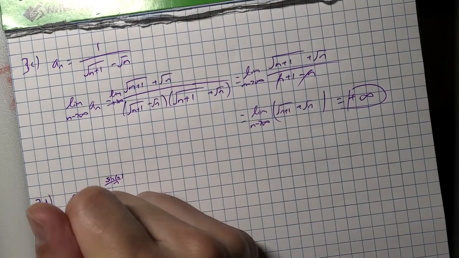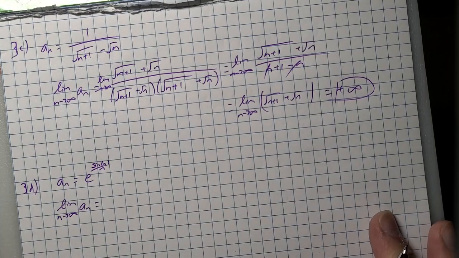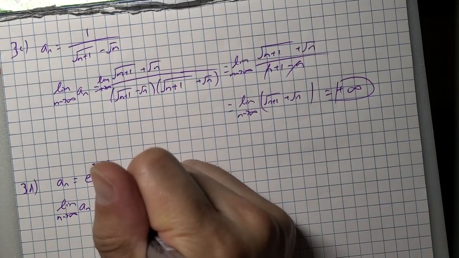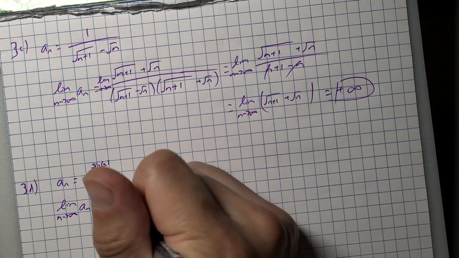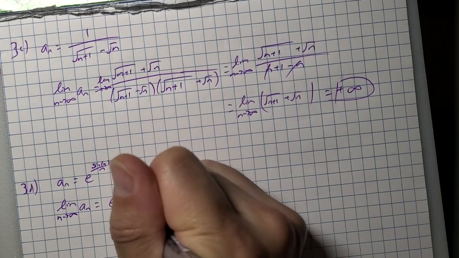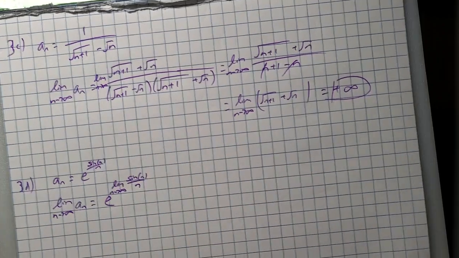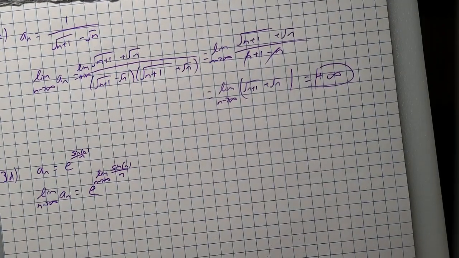The limit as n goes to infinity of a sub n. Well, remember by properties of limits we can take e to the limit as n goes to infinity of sine n over n. That's valid, we can do that. How do we take this limit?